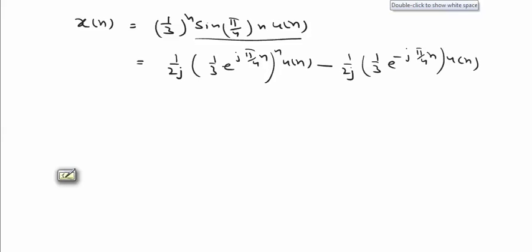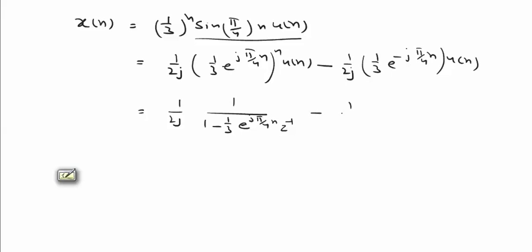Same I write for the second term also. Directly we write down the Z transform over it: 1 by 2j, 1 minus pi by 4 z inverse.